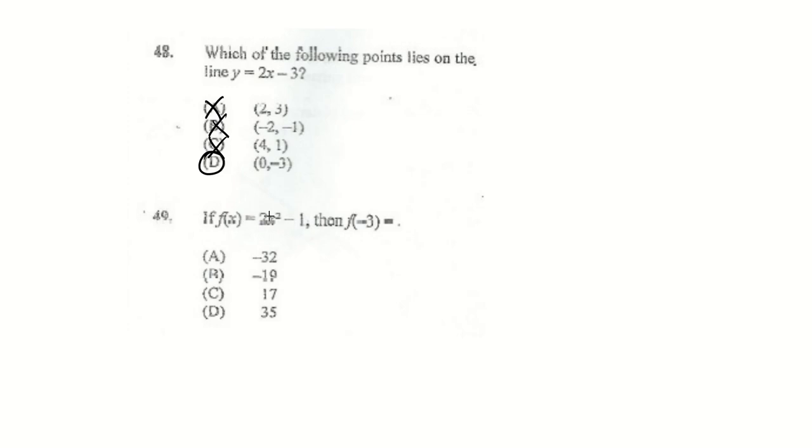If f of x is 2x minus 1, then f of minus 3, that's 2 by minus 3 squared minus 1. That's 49.